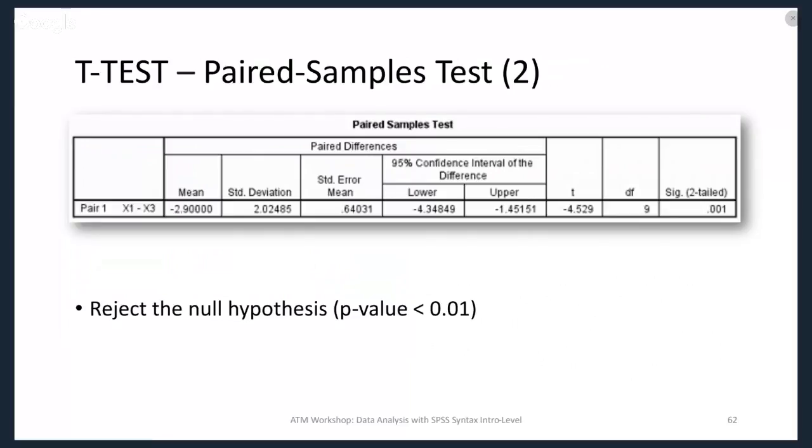The difference between the X1 mean and X2 mean. Standard deviation is the standard deviation of the difference score. You can create a difference score between X1 and X2 in a third column, and we call it a D score. Then you can compute the standard deviation of that D score.